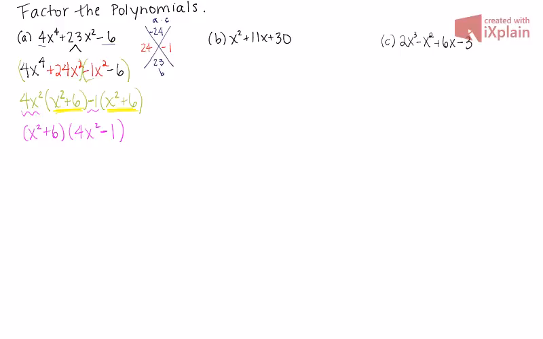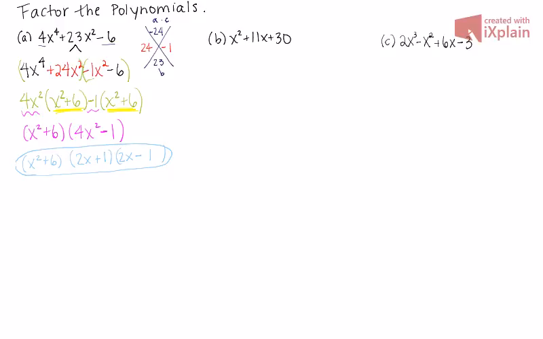The square root of 4x squared is 2x, and the square root of 1 is just 1. So one will get a plus sign, one will get a minus sign. And I will just bring down my x squared plus 6 so that my final answer is this.